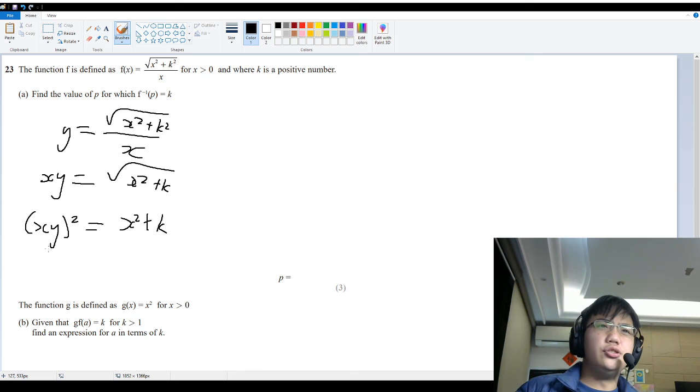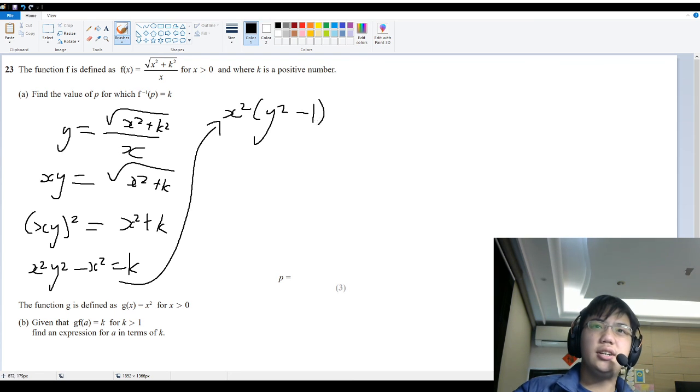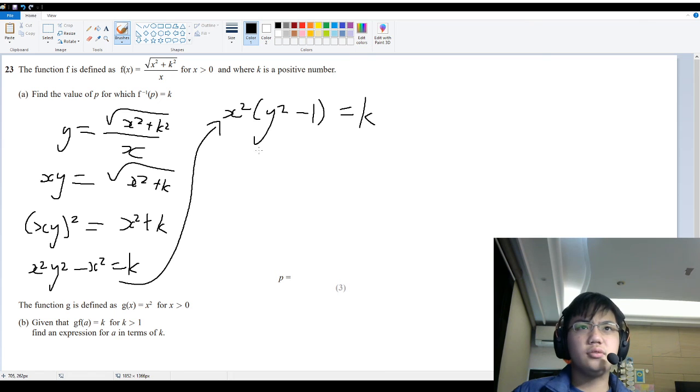Now what we need to do is write this as x squared y squared, and we can minus x squared from the right hand side and move it to the left hand side. So this equation can be factorized as x squared times y squared minus 1 equals k squared.